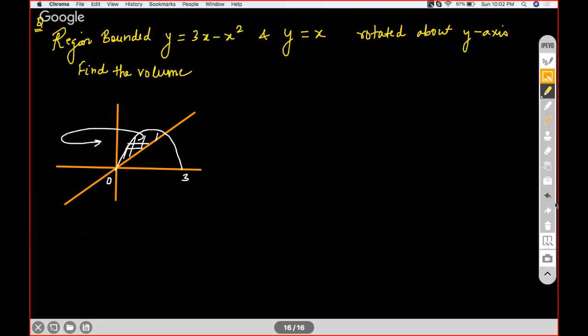What I'll do is take a washer like this, and this I will rotate like this. So your washer will be now created like this. Correct? Now let's see whether you are able to solve this.